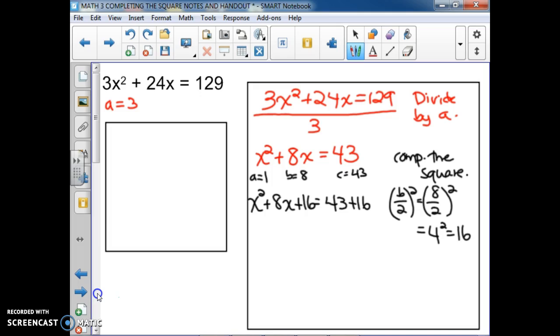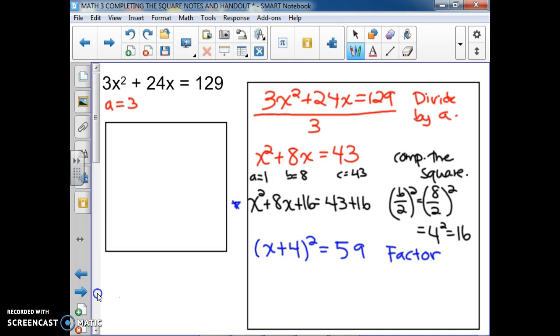Now I can factor. I'm going to factor this perfect square trinomial right here. So the factors of x squared plus 8x plus 16 would be x plus 4. So I can write x plus 4 squared, and then 43 plus 16 is 59.